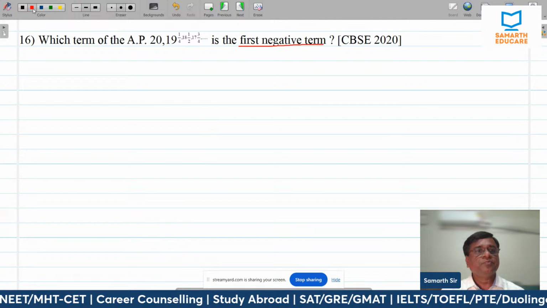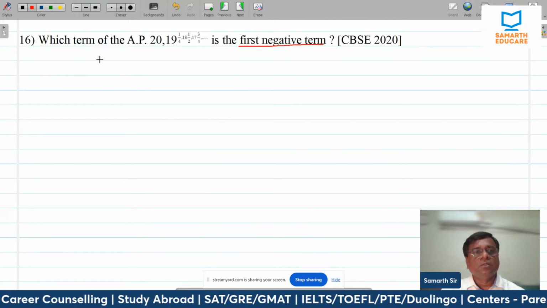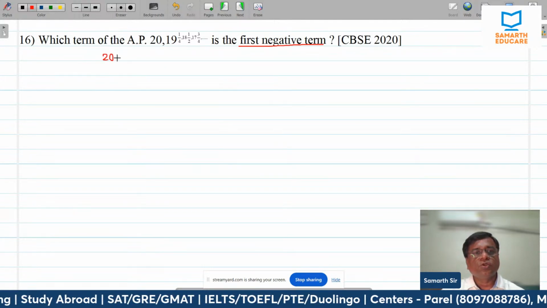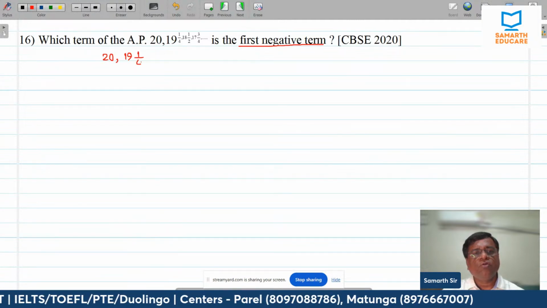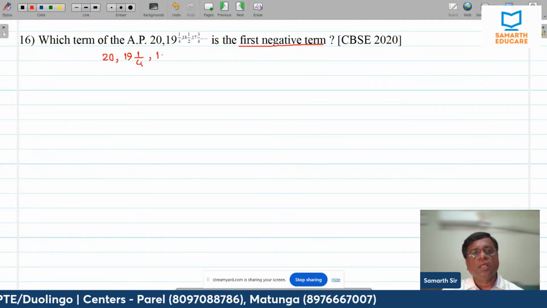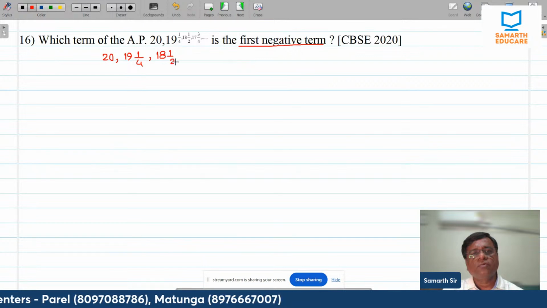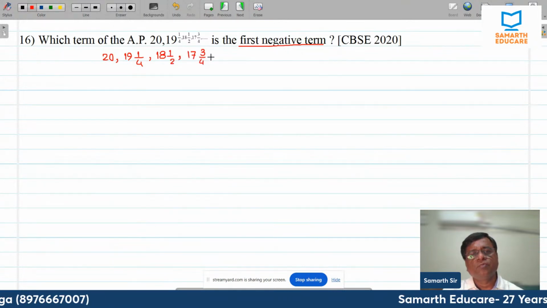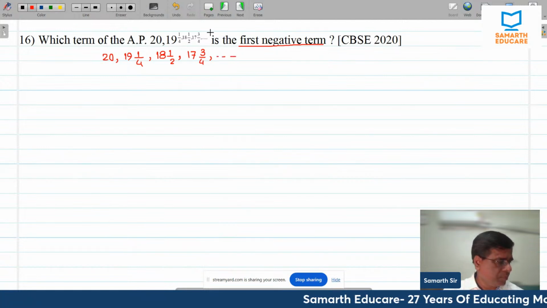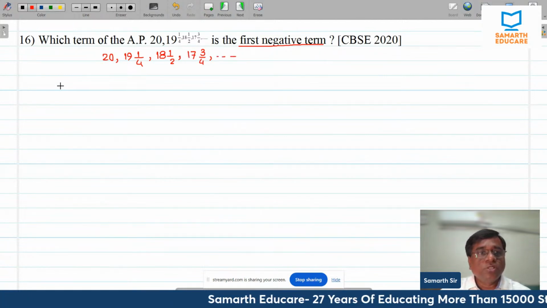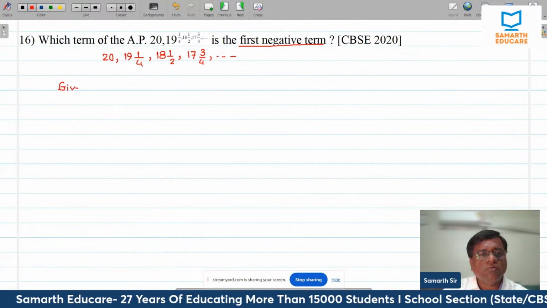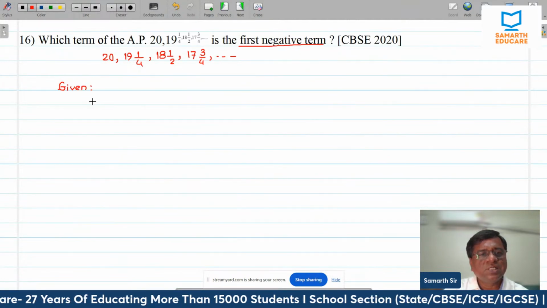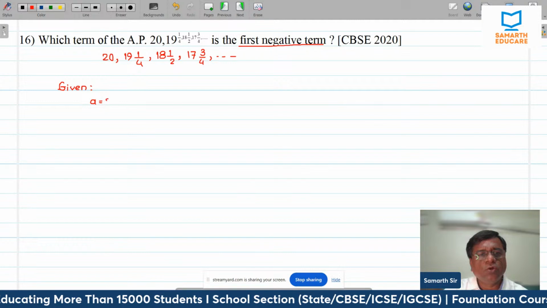So here, the sequence that is given to us is 20, 19 1 upon 4, 18 half, 17 3 by 4, and so on. All right. Now, observe what I'm doing. What is the given condition? First, a is equal to 20.